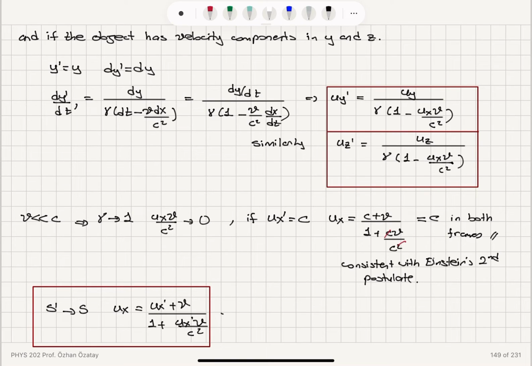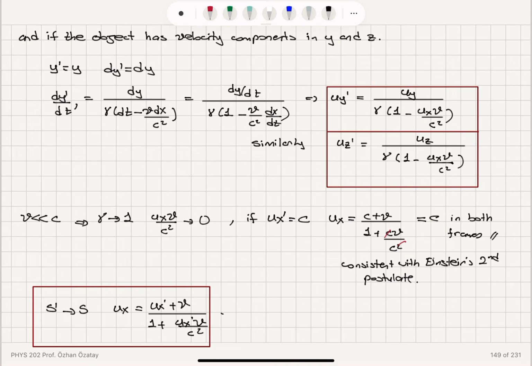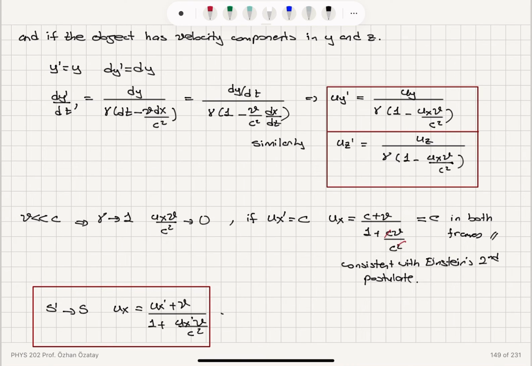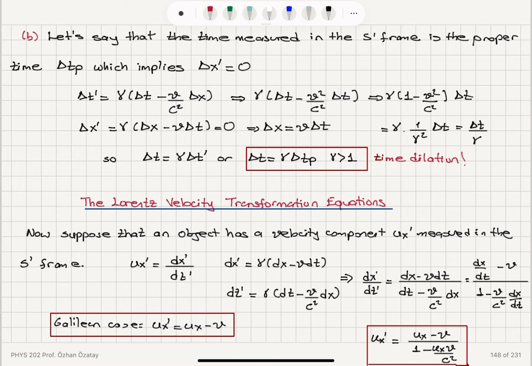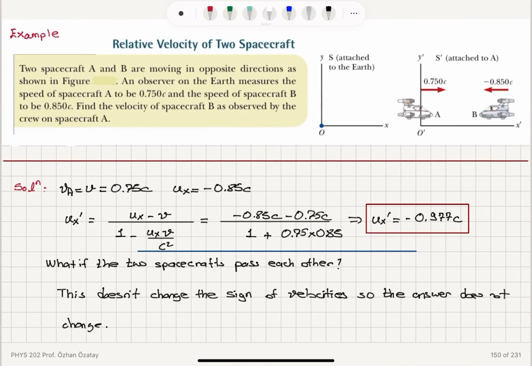And we see that if one measures the speed of light, ux prime equal to c, then for the transformation to the S reference frame, ux becomes ux prime plus v over 1 plus ux prime v over c squared. So with ux prime equal to c, we get c plus v over 1 plus cv over c squared, and this becomes c in both reference frames, which is consistent with Einstein's second postulate.